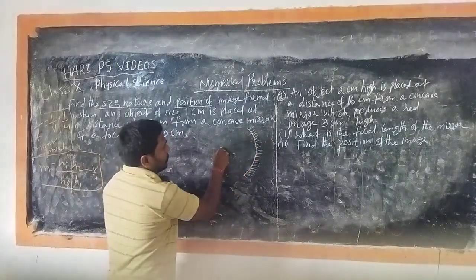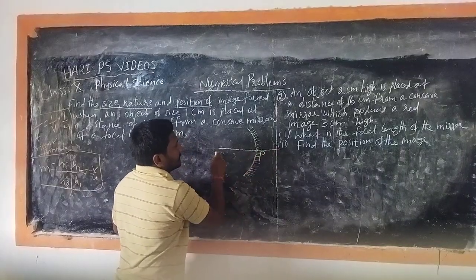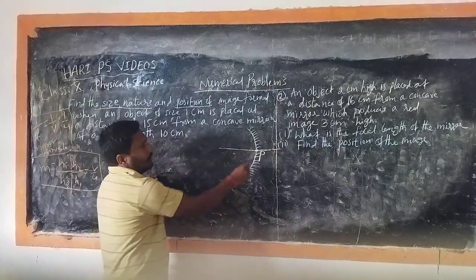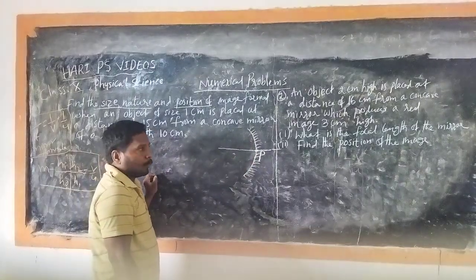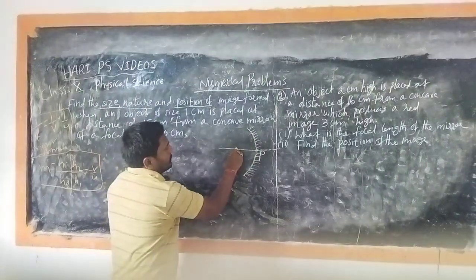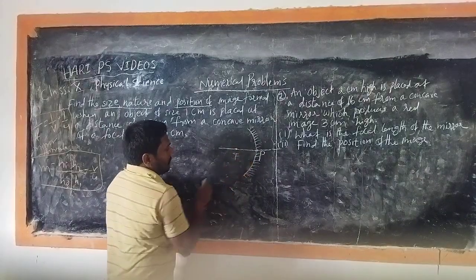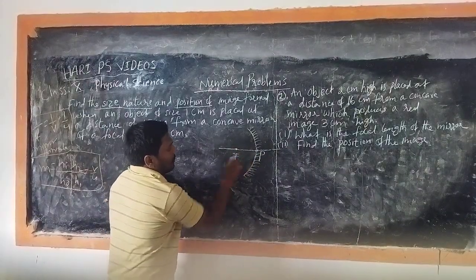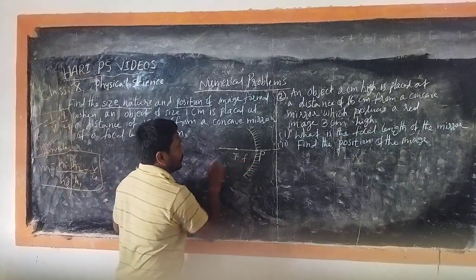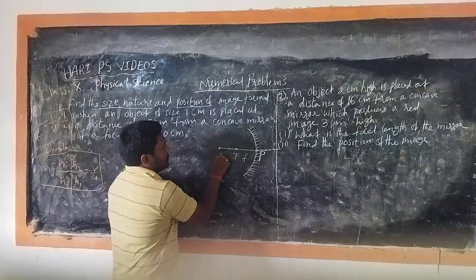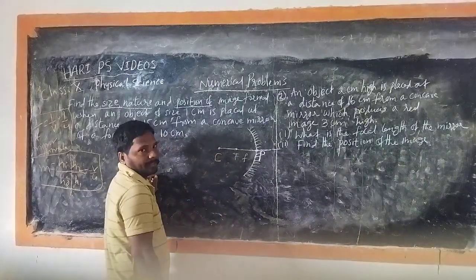Concave mirror. We know this is the principal axis, and the geometrical center of the concave mirror is the pole. The distance between the pole and the focus is called the focal length f, and this is the radius of curvature, the center of curvature.